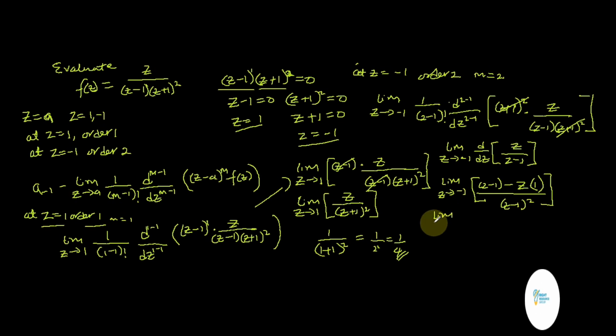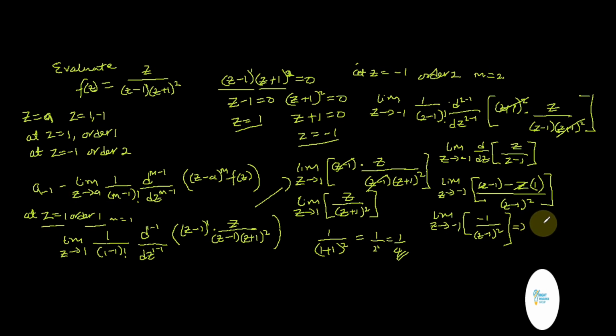So you are going to have limit as z turns to minus 1 into, this is z here and this is minus z, so that will go, you will be left with minus 1 all over z minus 1 squared. Now let's input our limit now.